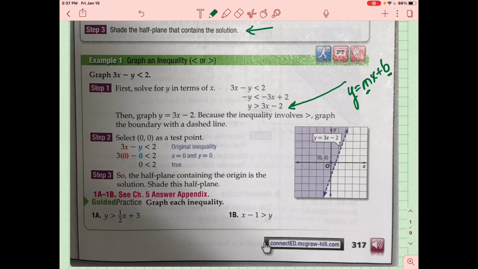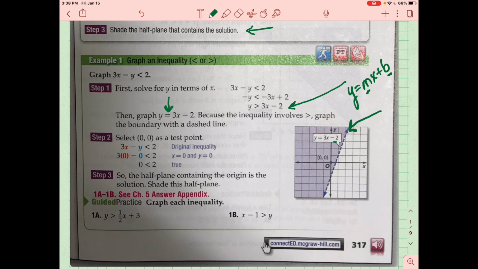Once we've rearranged it into this y is greater than 3x minus 2, then we actually pretend for just a few minutes that that greater than is an equal sign, because we want to be able to graph this line right there. And we know how to graph y equals 3x minus 2.